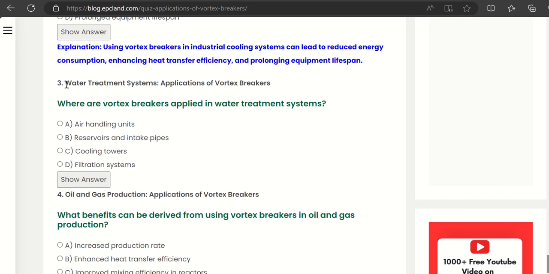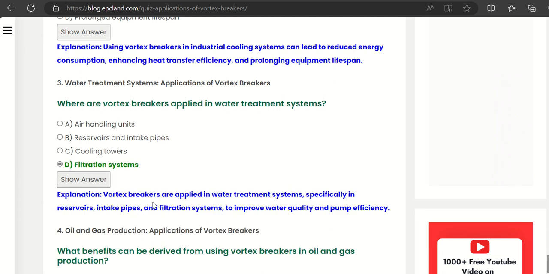Similarly, if you talk about water systems, where again the vortex breakers are utilized, where are vortex breakers applied in water treatment systems? We know there will be air handling units, reservoirs, intake pipes, cooling towers, filtration systems. So I'm sure in water treatment systems there must be filtration systems which are helped by vortex breakers.